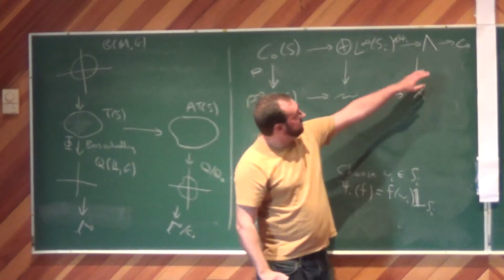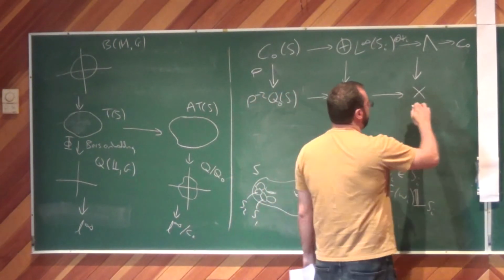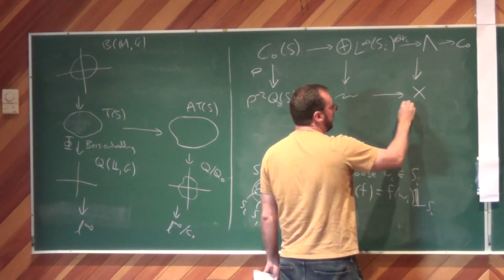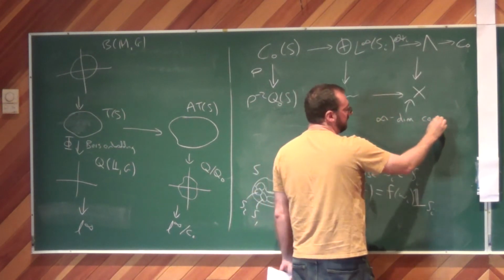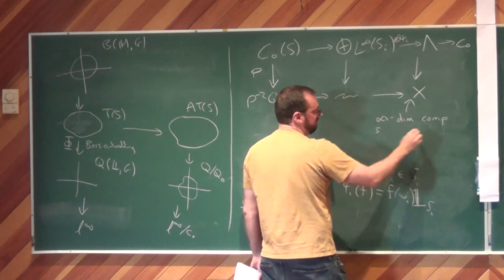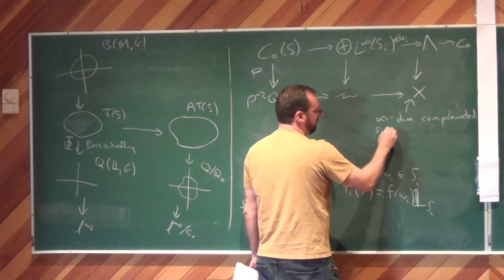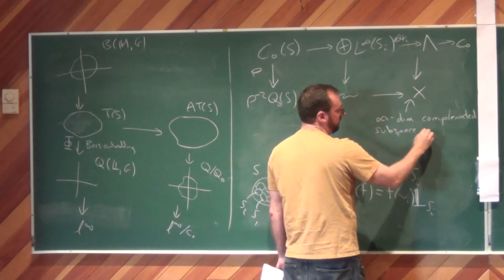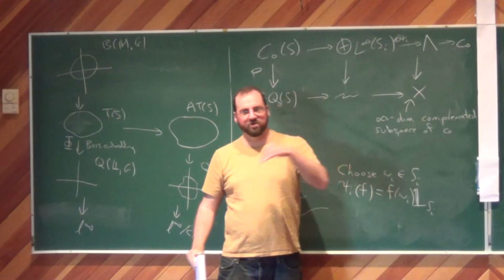So you've got some space lambda living up here, which is isometric to C0, and you have some space X here, and this turns out to be an infinite dimensional complemented subspace of C0. Complemented just means there's a projection onto it.